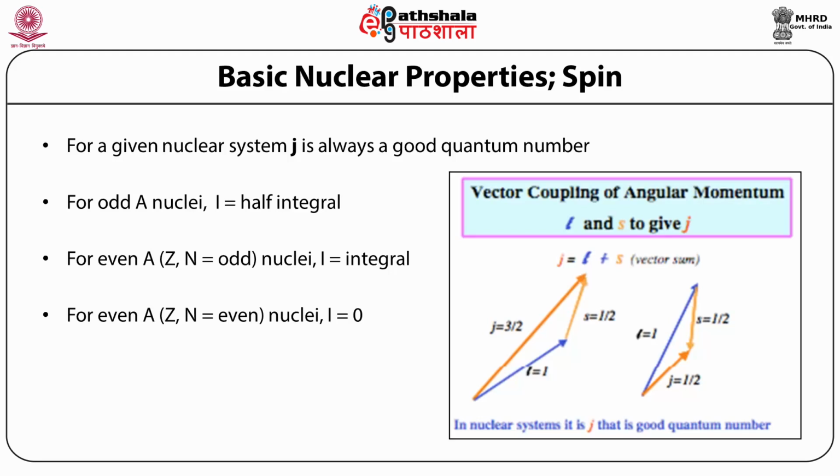When added vectorially, they give the total spin J equal to 3 by 2. In the next picture, when the orbital angular momentum equal to 1 is added to spin angular momentum equal to half, the total spin of the nucleus is equal to 1 by 2. So depending upon in what way the orbital and spin angular momentum are coupled, the total spin of the nucleus will be accordingly.